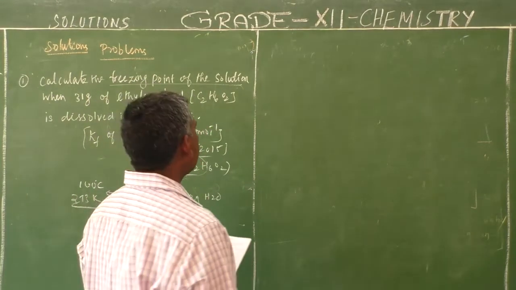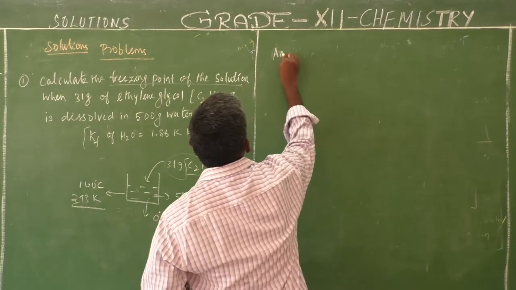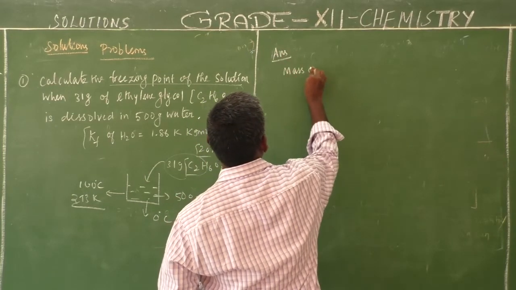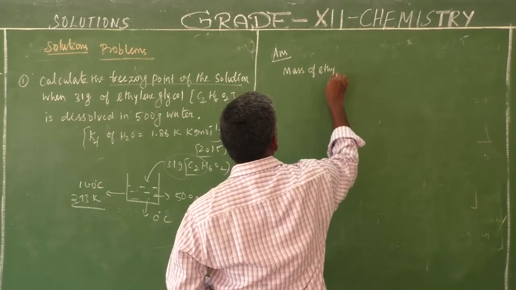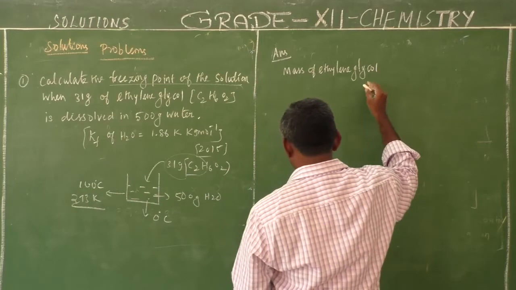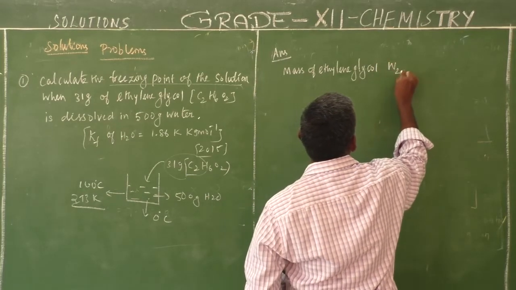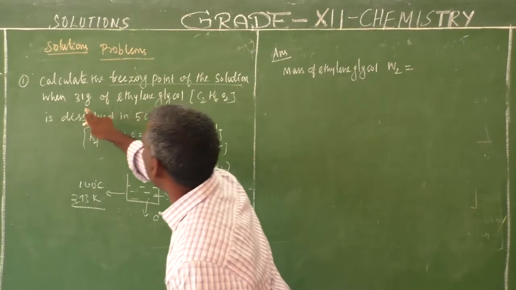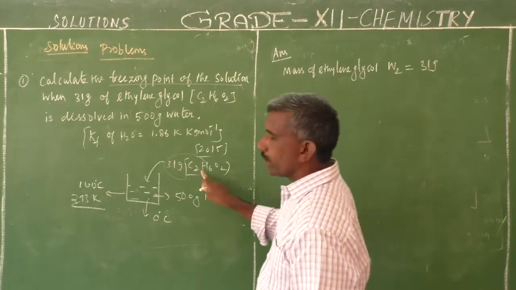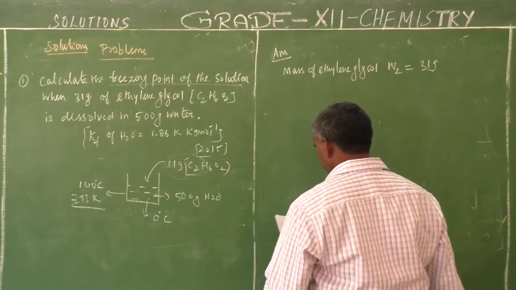Okay, now we'll see the answer. Mass of ethylene glycol is the solute mass, W2, which is 31.